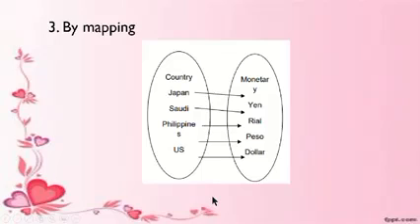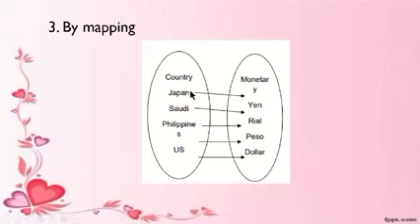Next, by mapping. Ayan. So, meron tayo ditong country sa first natin. And sa second diagram natin is monetary or yung pera doon sa bansang yon. Sa Japan is yen, Saudi is riyal, Philippines peso, and sa US ay dollar. So, as you will notice, ang ating x value or ang domain natin ito, ang y value natin is ito.